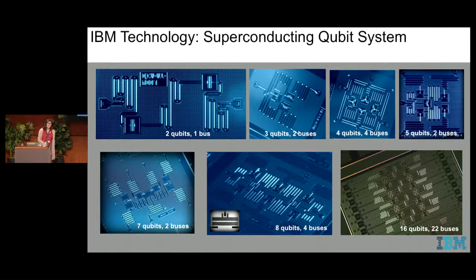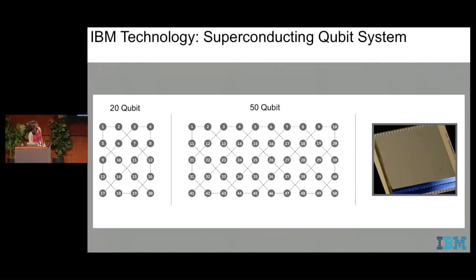That's the newer Quantum Experience device, IBM QX5, that we have now. And we have also announced our commercial program, the 20-qubit and 50-qubit devices with these connectivities. So along with improving the coherence, we're always increasing the number of qubits.